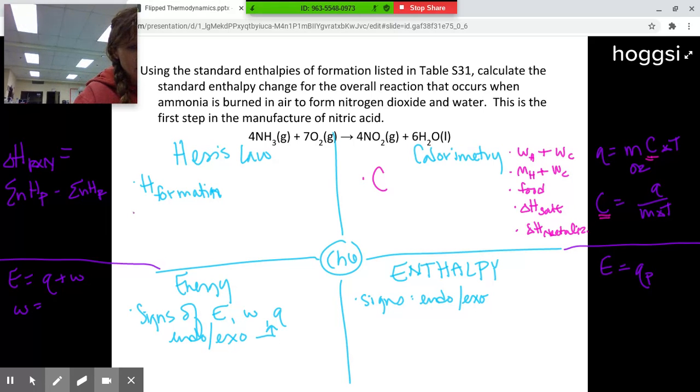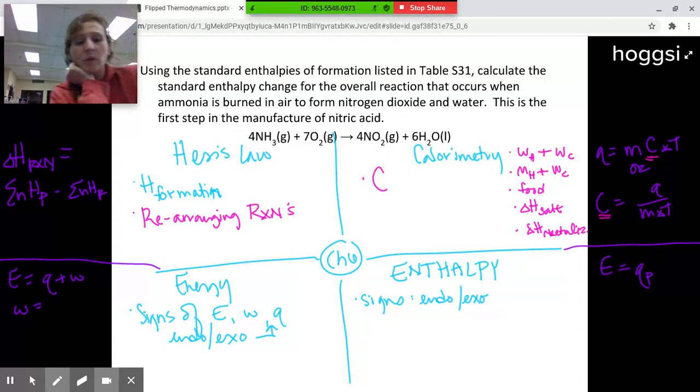Hess's law, I would say like rearranging reactions would be a big type of question for that.